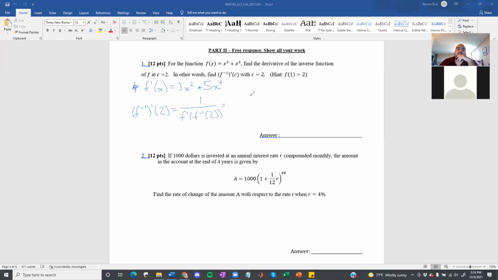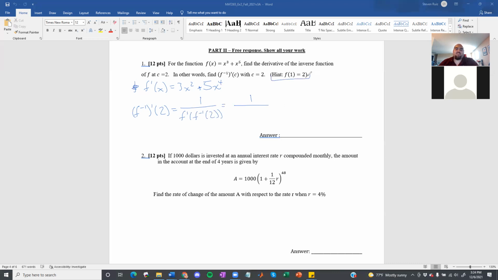So then what is f inverse of 2? That would be, would it be? Is it 6? I don't know.